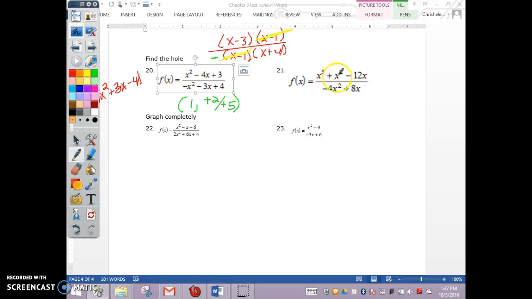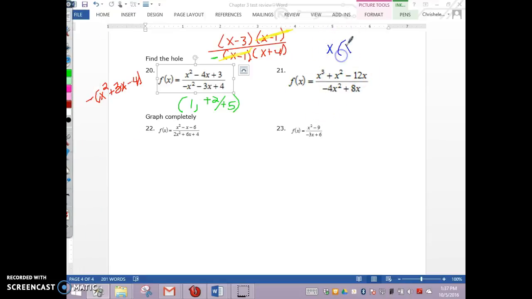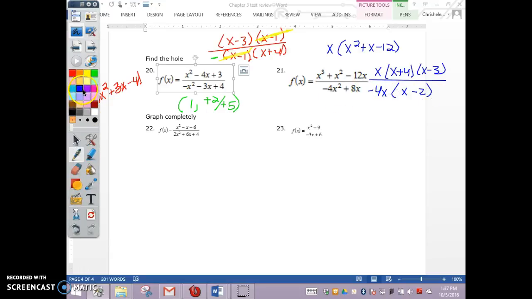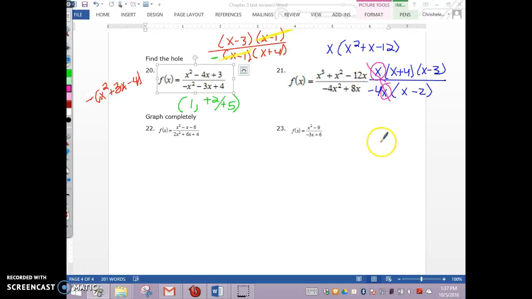Over here in this one, you can factor out an x. That leaves you with x squared plus x minus 12, which factors into x plus 4, x minus 3. Denominator, we just have a GCF of negative 4x, which is going to leave you with x minus 2. This x and x is my factor that cancels.